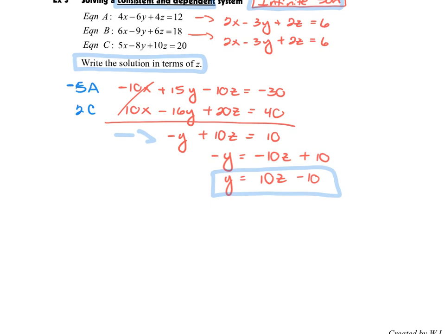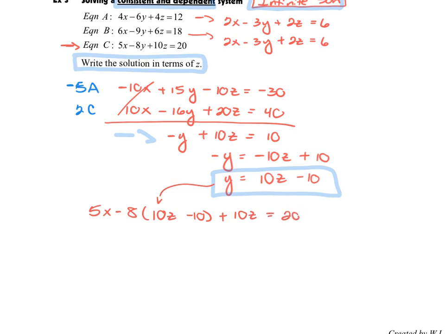So I'm going to take that equation for y and substitute it into my equation C. Now I'm going to have a 5x minus an 8, and I'm going to substitute in that y. I'm looking from up here, the original equation C, and I'm going to substitute in this 10z minus 10. And then I'll still have my plus z equals my 20.